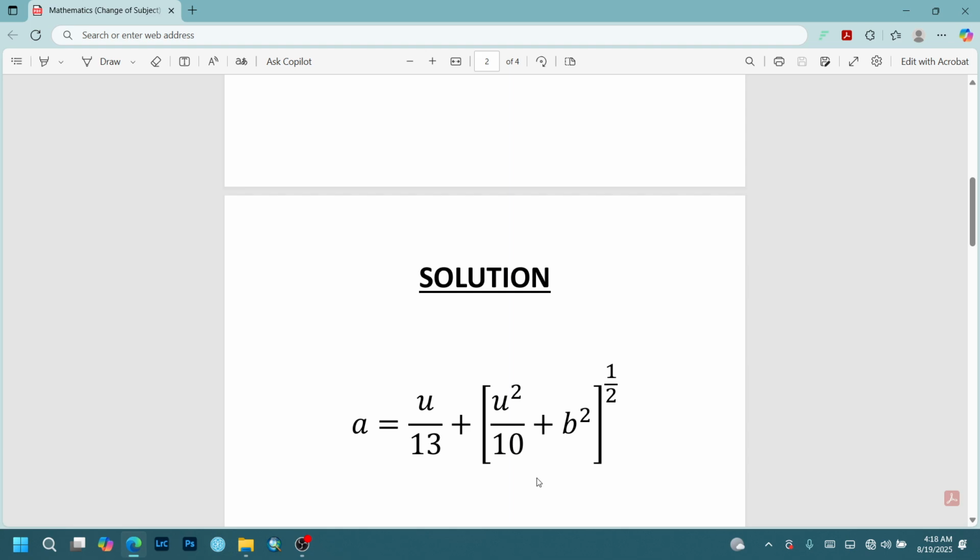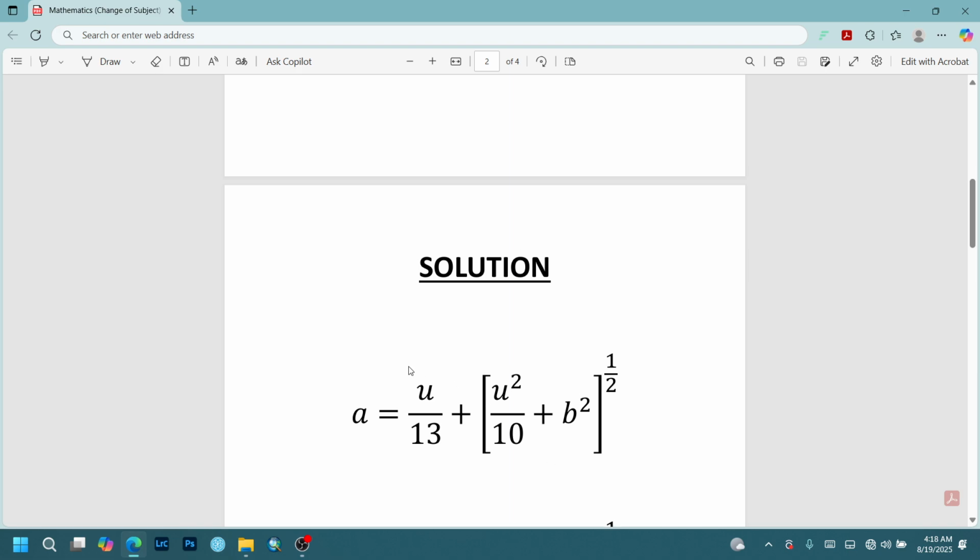We have to make B stand at a suitable place where we can solve and make it an independent variable out of this dependent variable. So in doing so, we shift this entire fraction to the other half of the equation.